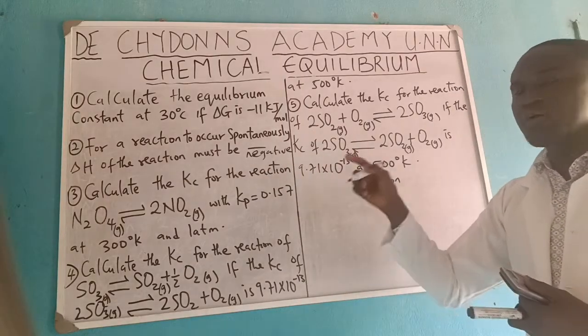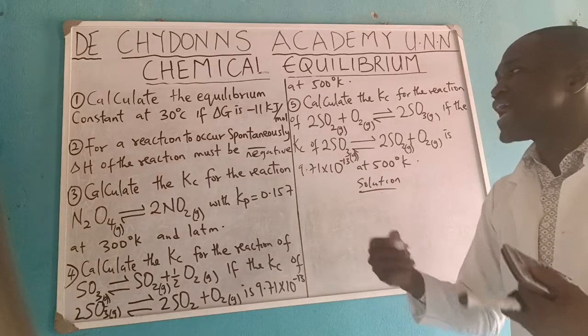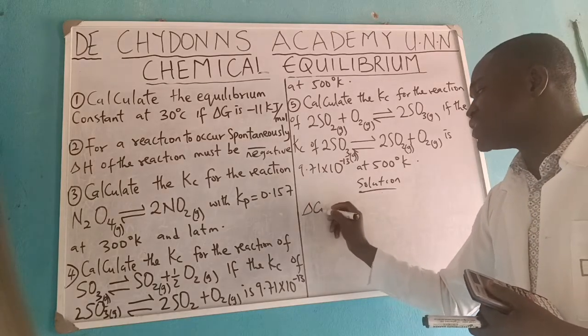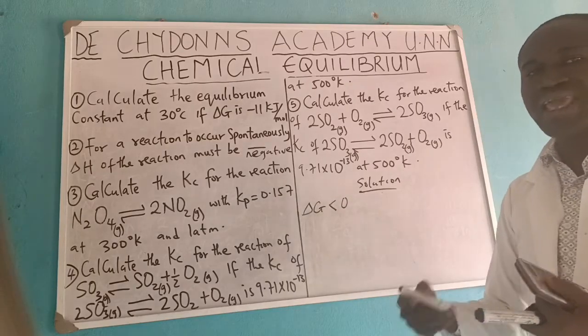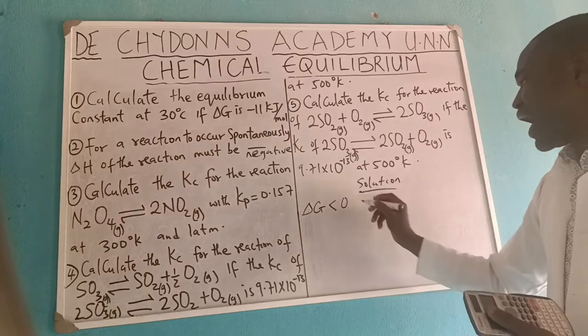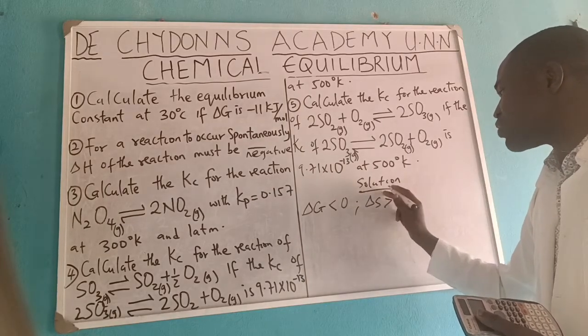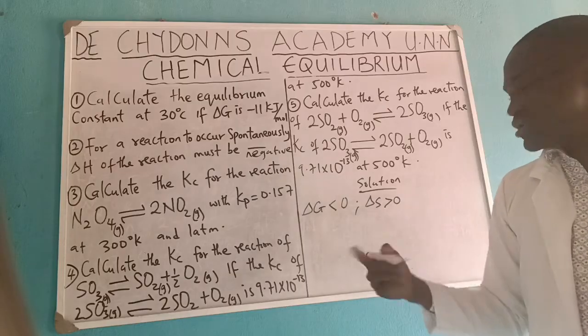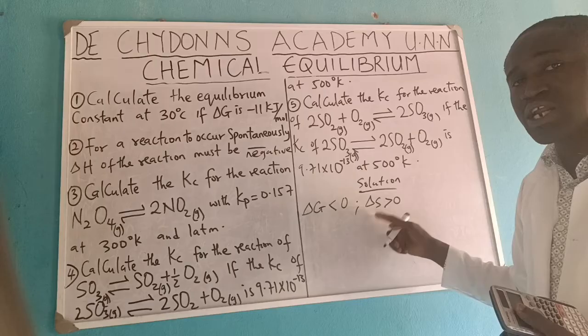In the introduction of this topic, I said that for a reaction to be spontaneous, change in G must be less than 0. I explained it. I also said that change in S should be greater than 0. Change in S is entropy change, that is the degree of disorderliness.